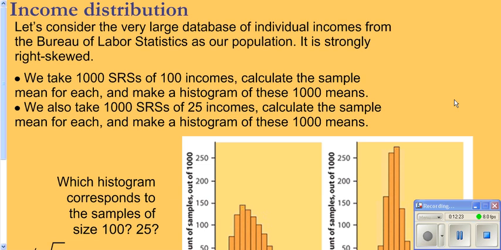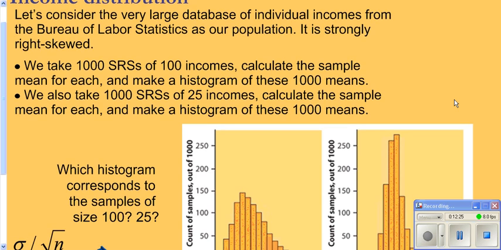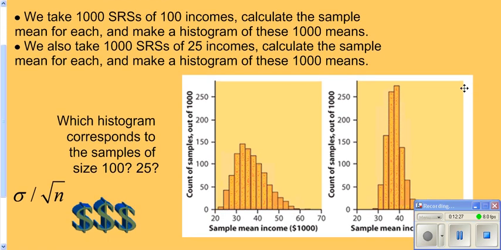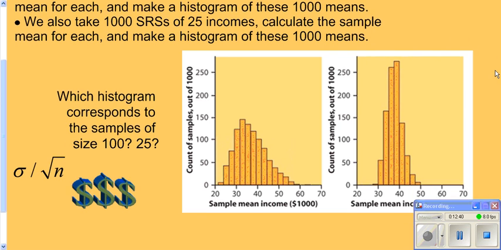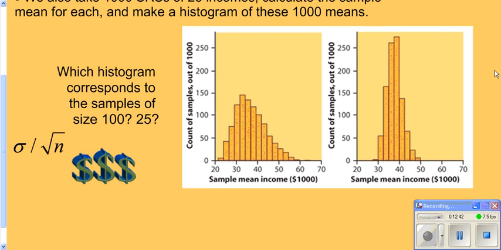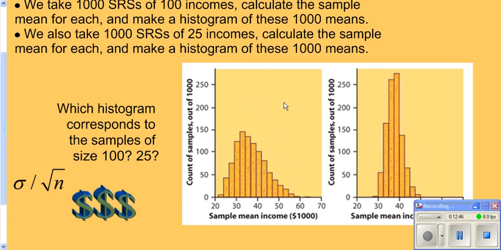So let's consider this situation here. We have two situations where we have 1,000 simple random samples of either groups of 100 incomes or of 25 incomes, and then we plot these. Which one would be which? Well, remember that if you have a sample, which we're dealing with, your standard deviation is always over the square root of n.